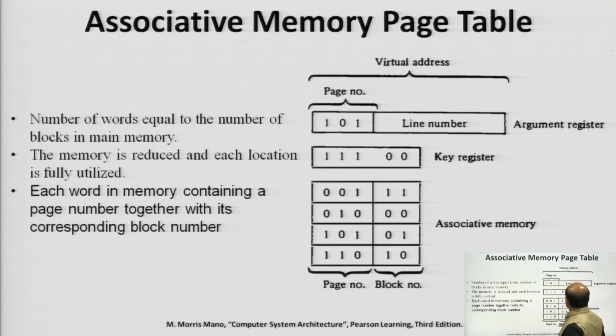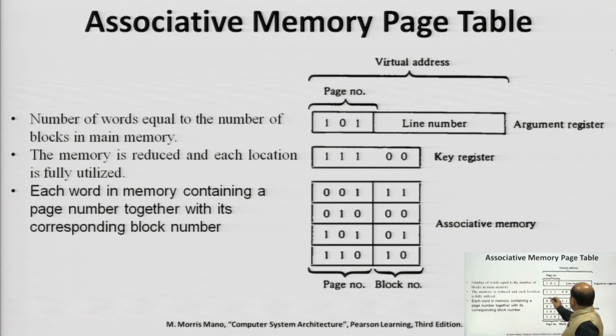So here the page number and corresponding block number entry is given in the page table. What we can do in this case: the number of words equals the number of blocks in main memory. We have to enter only those entries which are available in main memory.